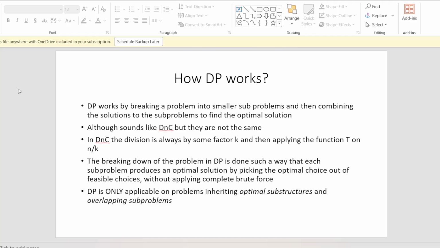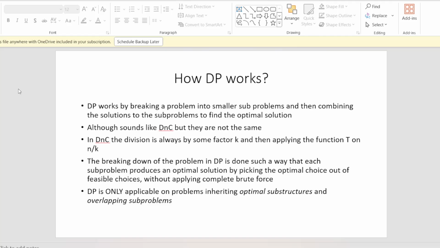Now let's see how DP works. DP works by breaking a problem into smaller subproblems and then combining the solutions to the subproblems to find the optimal solution. Although it sounds like divide and conquer, but they are not the same. In divide and conquer, the division or the breaking down into subproblems is done by some factor k, and then we apply the function t recursively on the subproblems, and each subproblem is of size n by k.